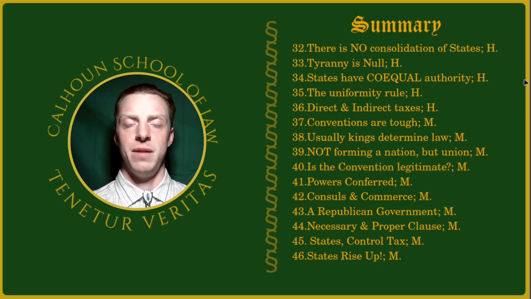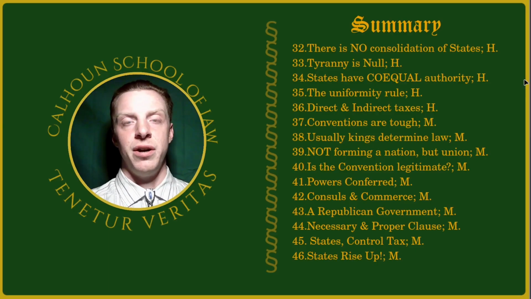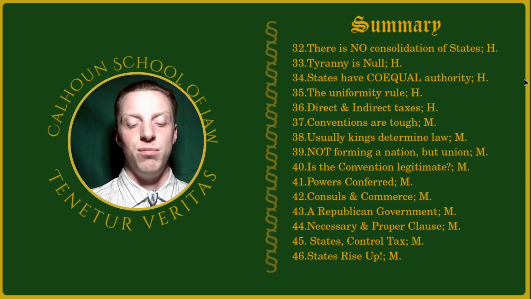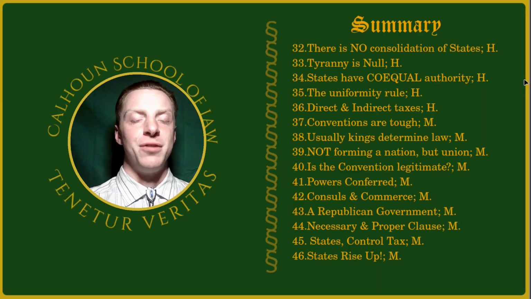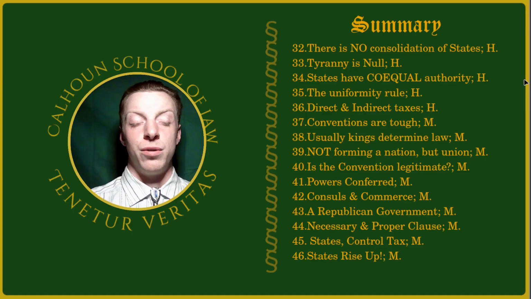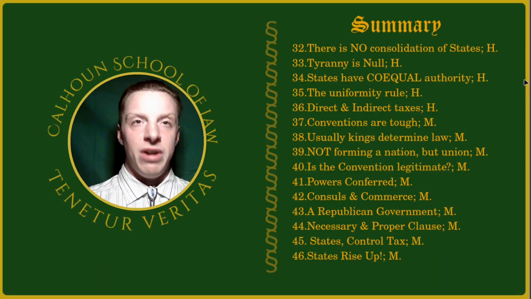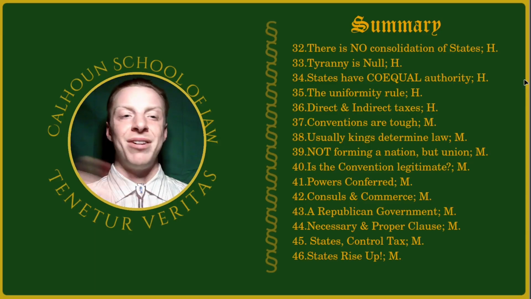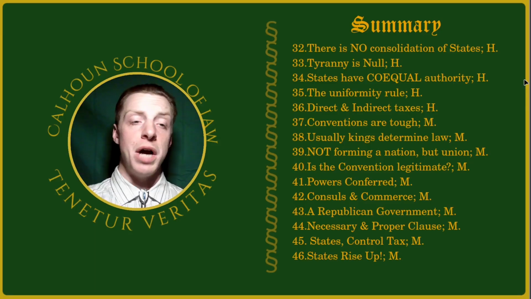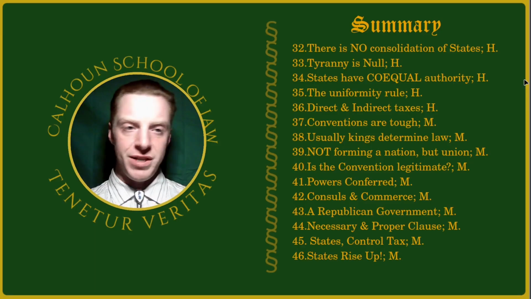It's in the first section of each of the branch-developing articles, so Article 1, 2, and 3, and it's also in Article 1, Sections 8, 9, and 10, that there are very few things the states can't do, and then everything else not stated or not granted to the U.S. government is retained by the states.